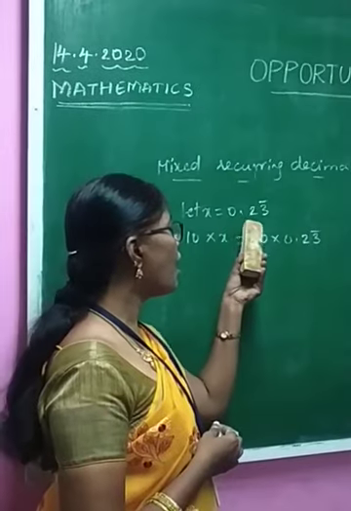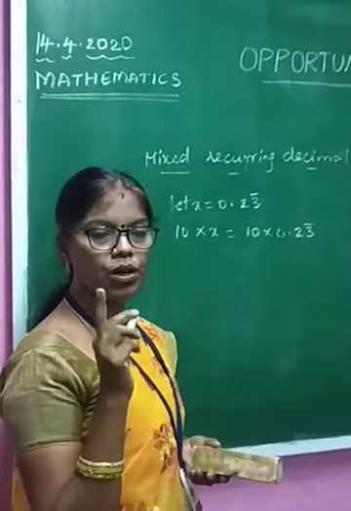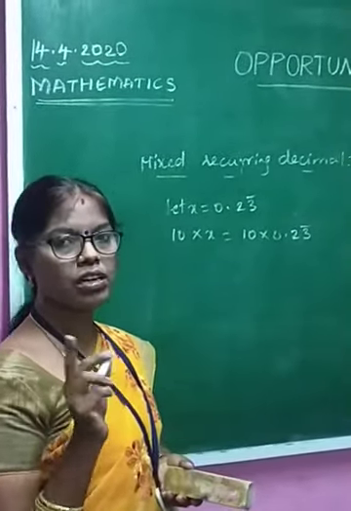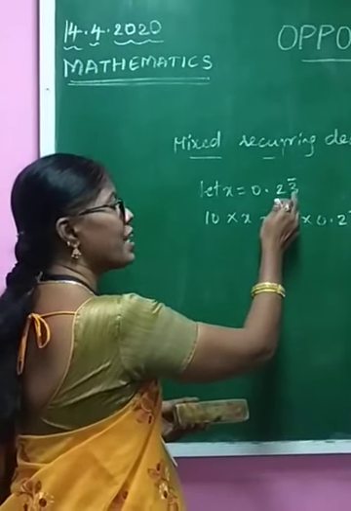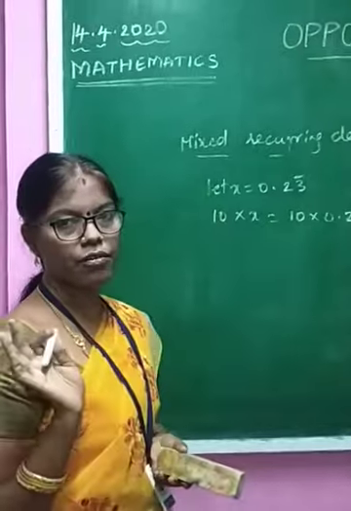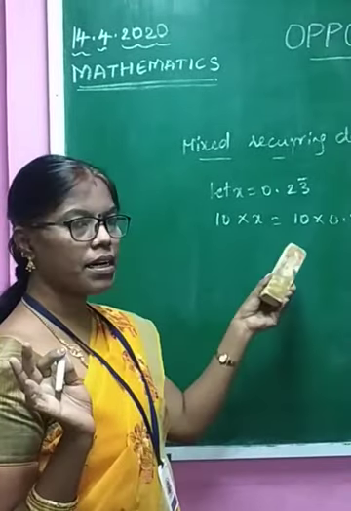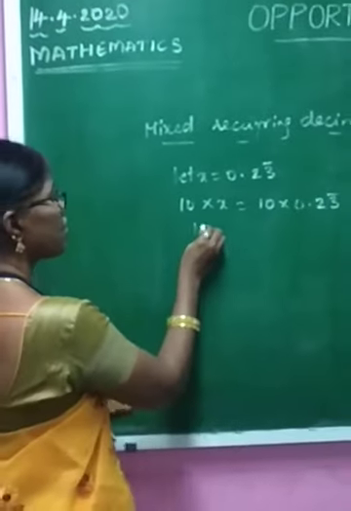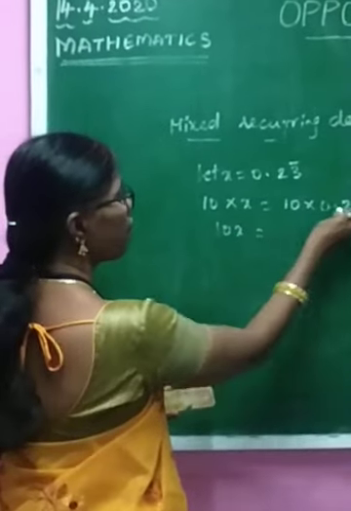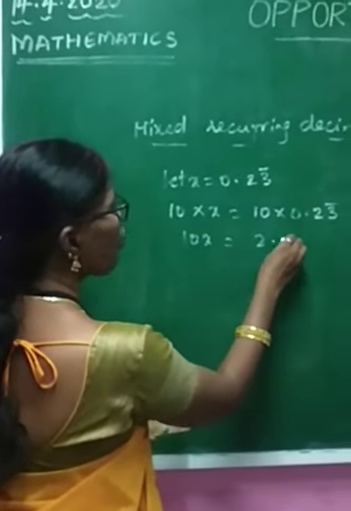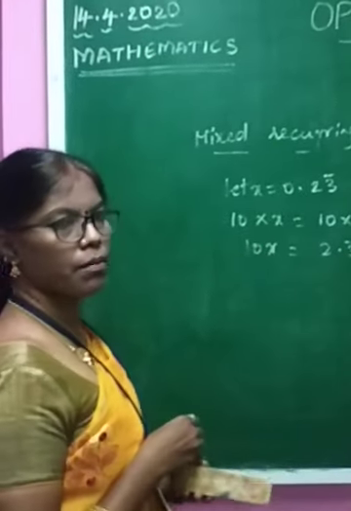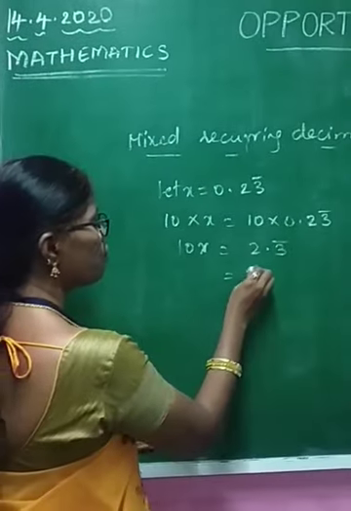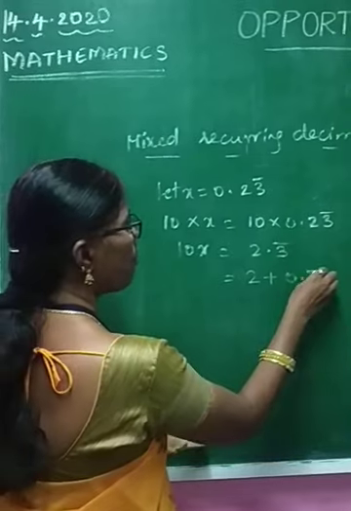Because here after the decimal point we have only one digit which is not repeating. In order to make the right side have only the recurring part left over, we are multiplying with 10. So 10x, and if you multiply with 10, what happens? 2 point bar 3 we will get. So 10x is equal to 2 point bar 3, that is equal to 2 plus 0 point bar 3.